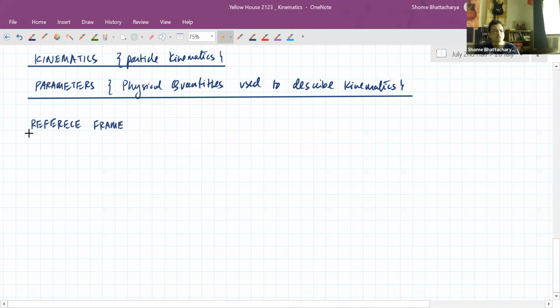So what does the term reference frame mean? Frame typically means a system of axes. Okay?